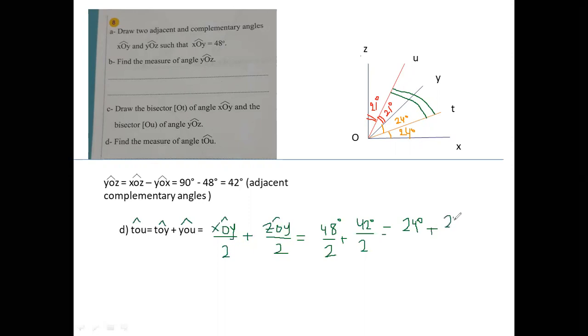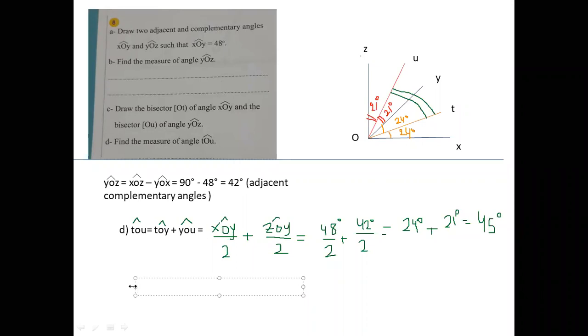As a sum, we're going to get 45 degrees. So the measure of TOU is 45 degrees.